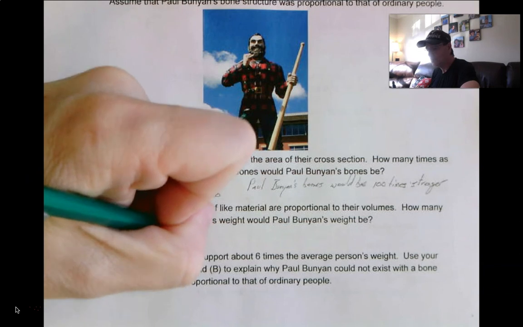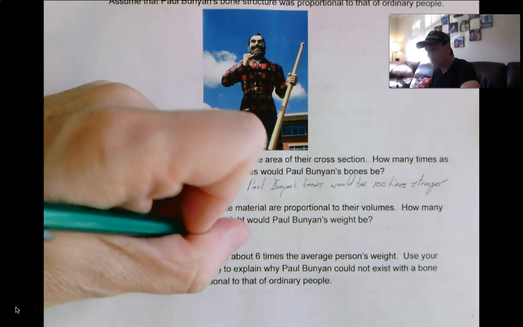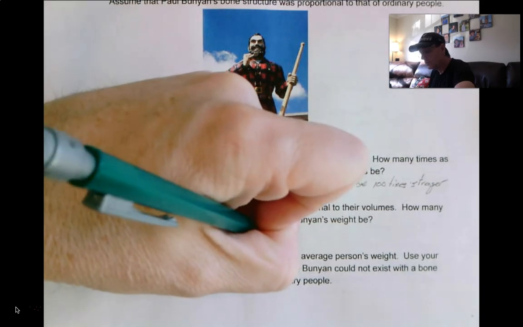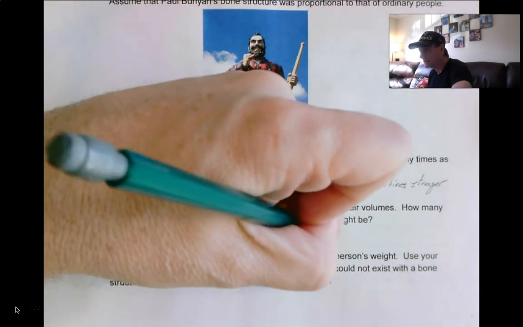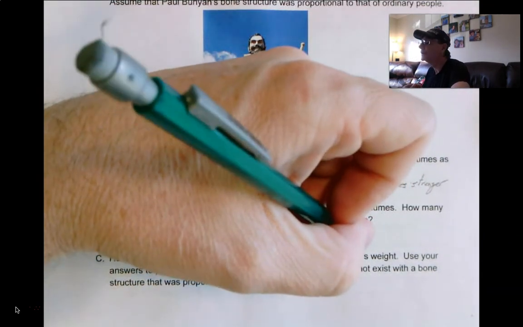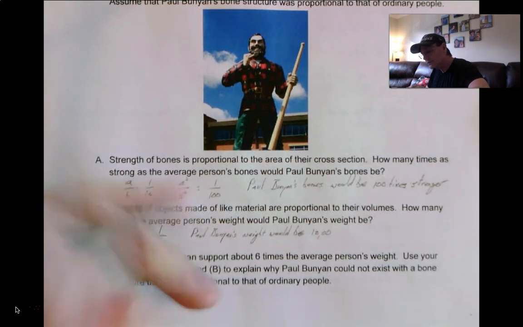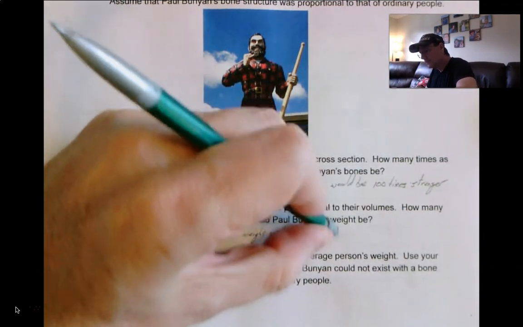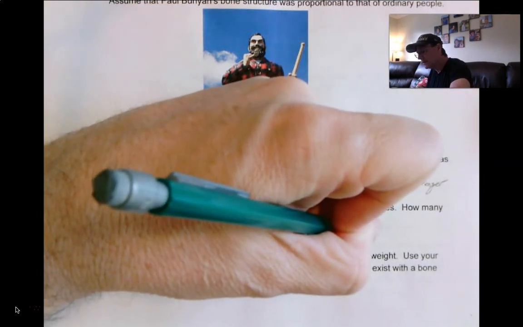So Paul Bunyan's weight would be 1,000 times heavier.